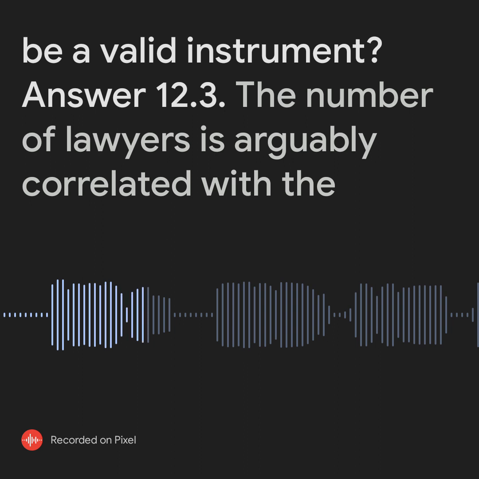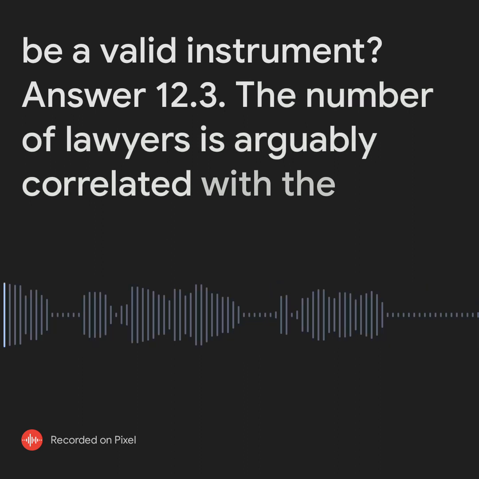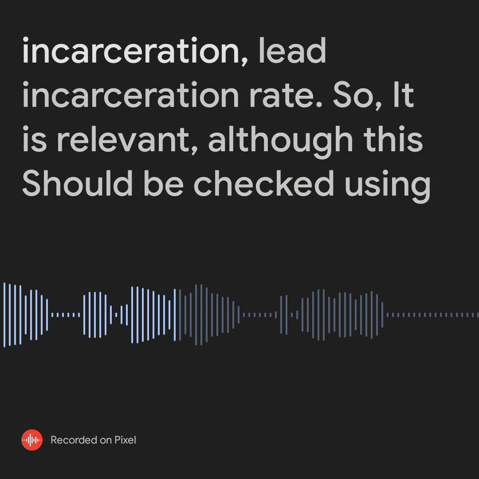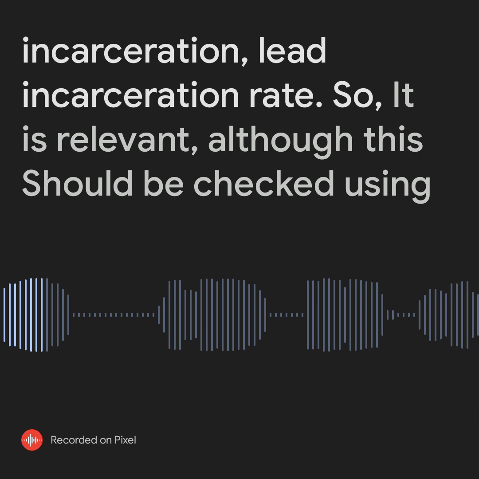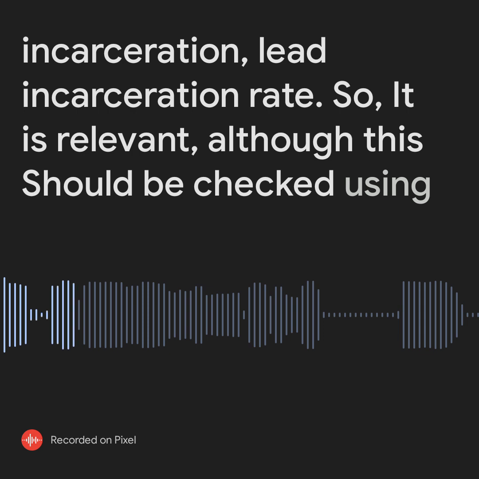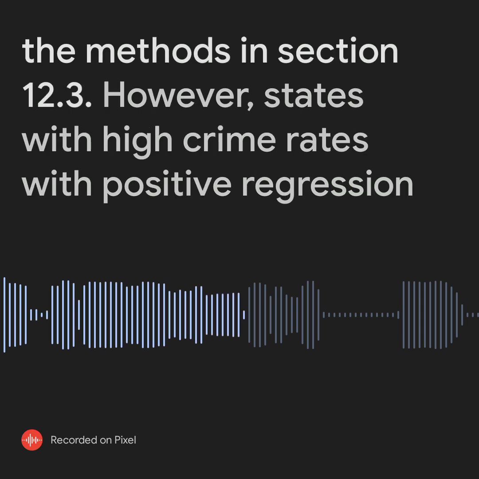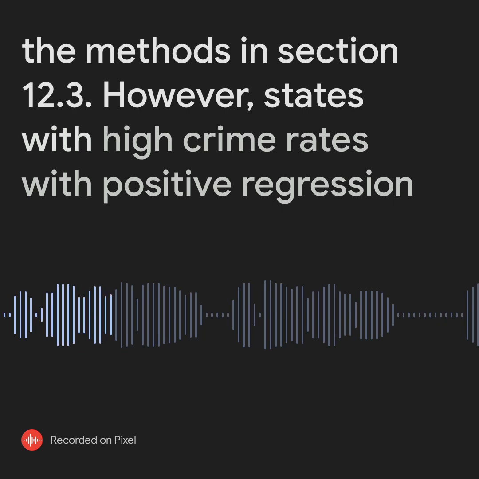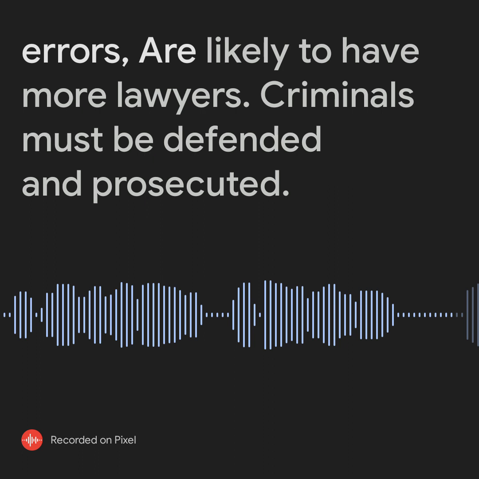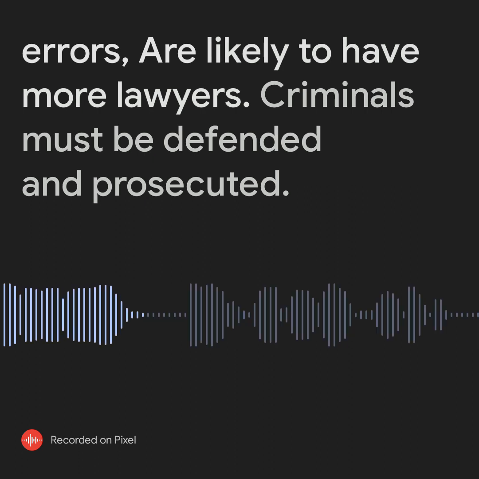Answer 12.3. The number of lawyers is arguably correlated with the incarceration rate. So it is relevant, although this should be checked using the methods in section 12.3. However, states with high crime rates with positive regression errors are likely to have more lawyers.